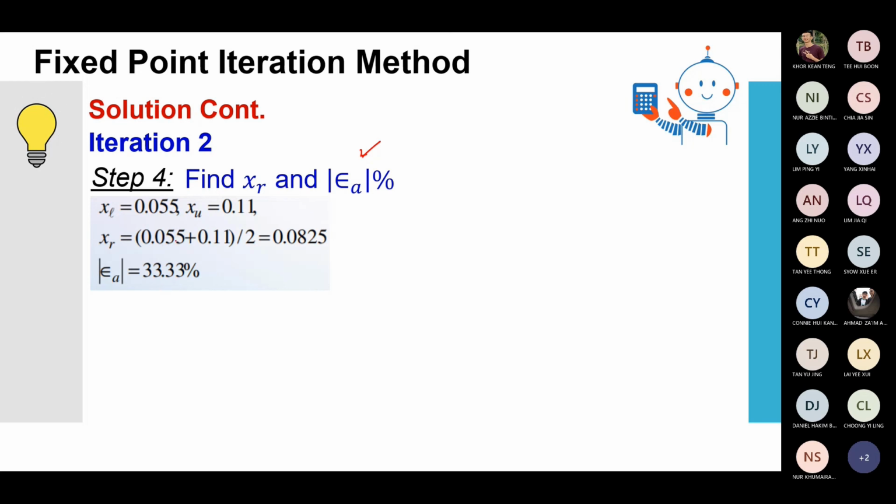That is a phenomenon. You cannot expect that every time you do the iterative process, your relative approximation error will go down. It fluctuates due to some floating error, but eventually it will converge. So there are two types of iterative process. I'm sure you all learned about the stationary method and the non-stationary method.